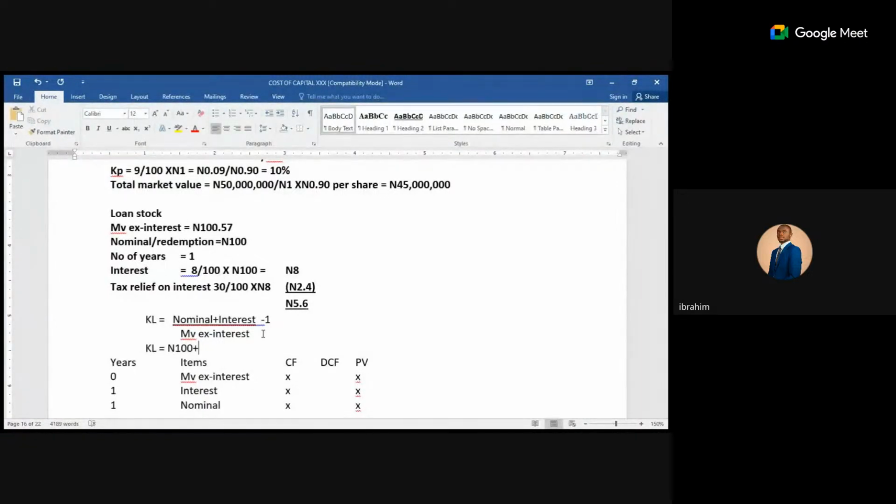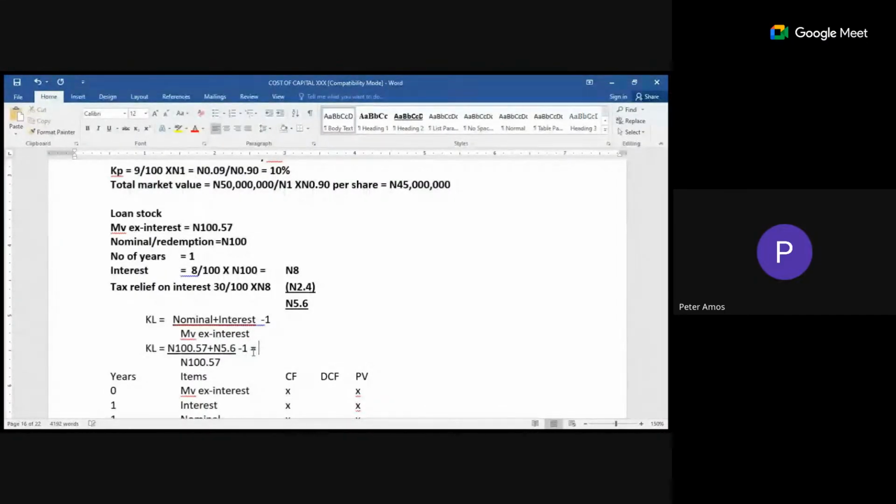The net of it, 5.6, divided by the market value as interest. Class, what is the cost? Minus 1.